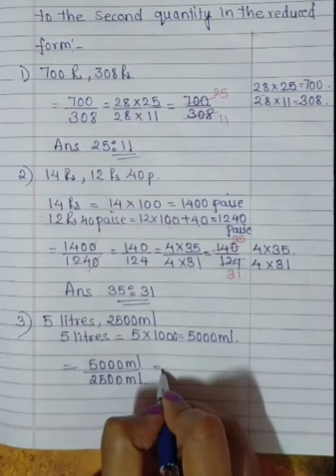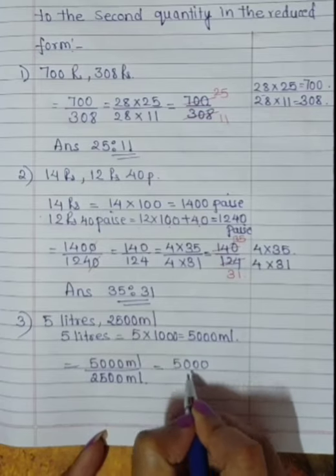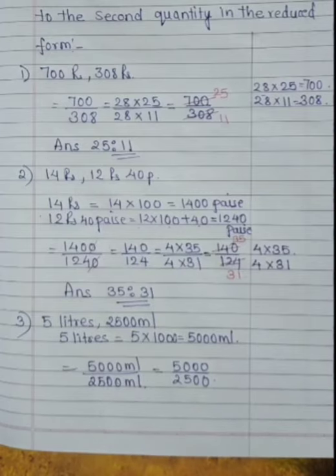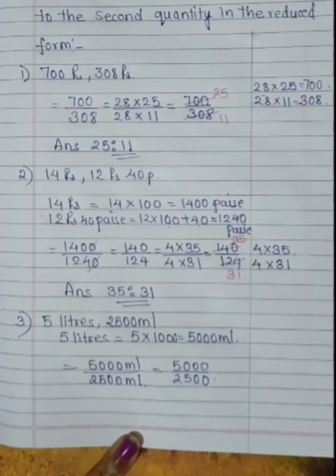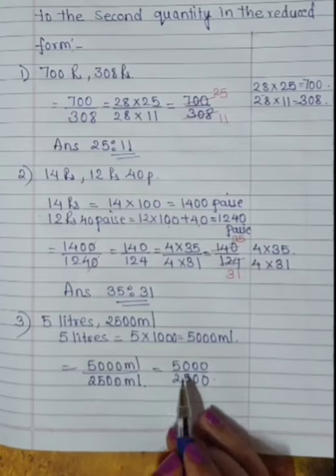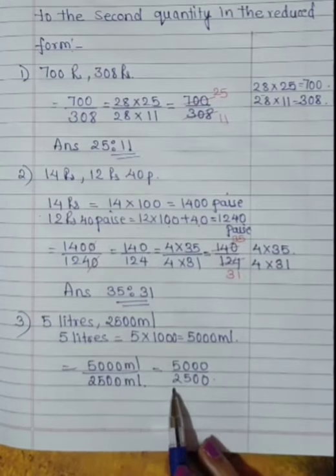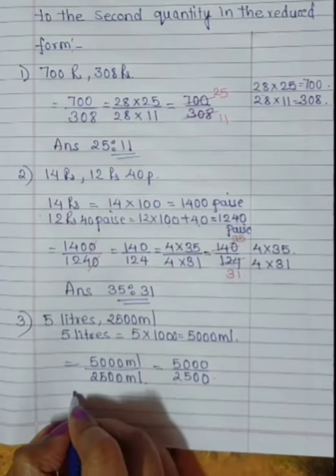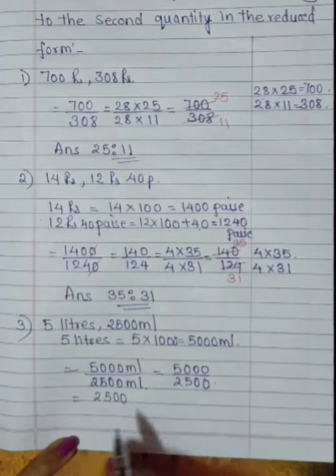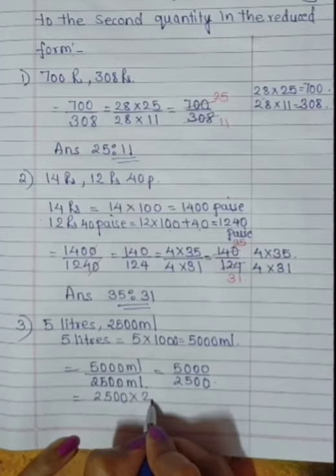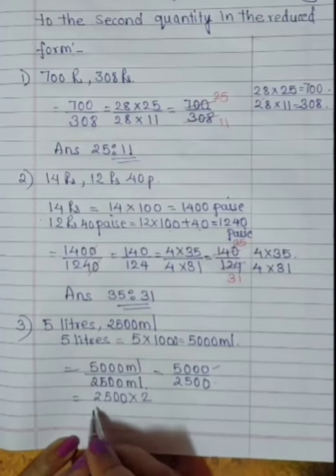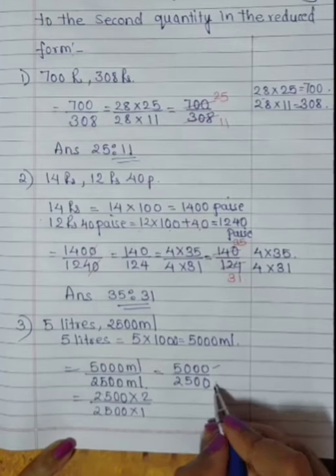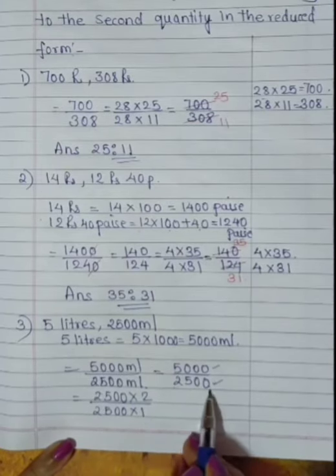Okay, now here, as you can see, both numbers, first I will write without ml, 5000 upon 2500. Now here, 5000 is given and down 2500 is given. Now here 2500 multiplied by 2, we will get this 5000, and 2500 multiplied by 1, we will get the second term, that is 2500.